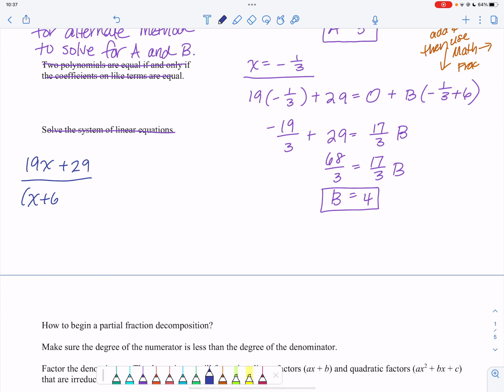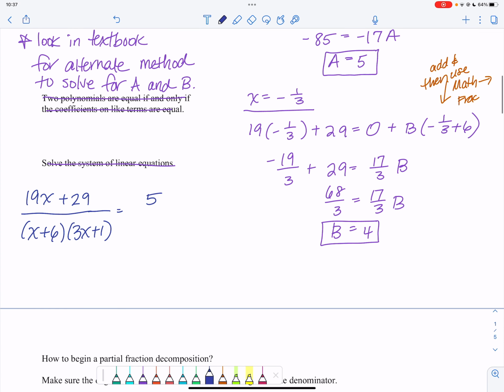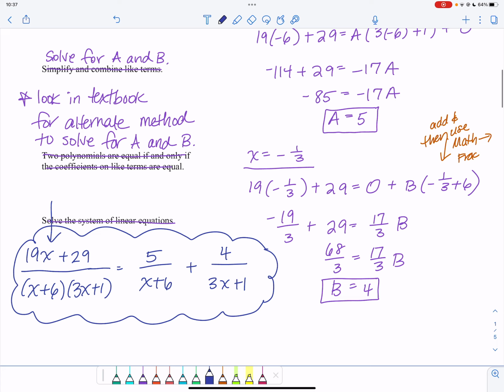We had said that that's equal to A over x plus 6, but now we'll say that's equal to 5 over x plus 6 plus 4 over 3x plus 1. And that's how we're going to decompose rational expressions just like this.